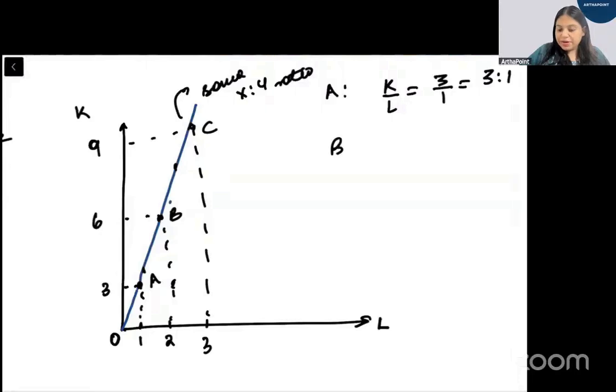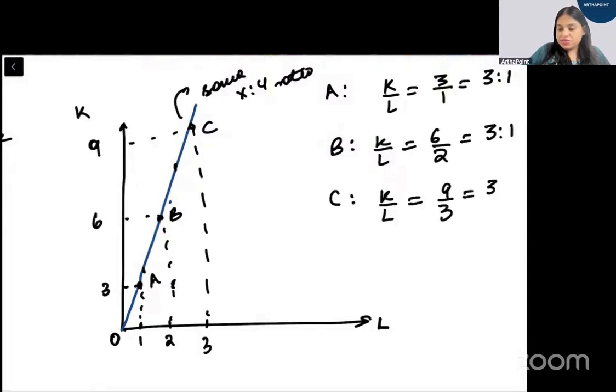Point B पर K by L is 6/2, which means 3:1. Point C पे K by L is 9/3, which means 3:1. So every point on the ray through the origin, we are saying that we have constant capital labor ratio.